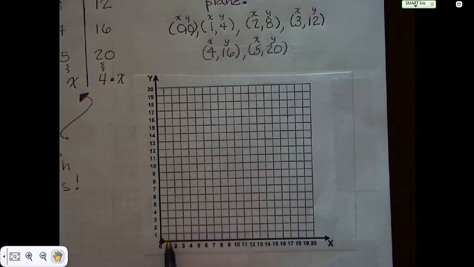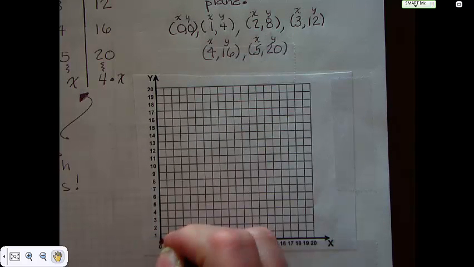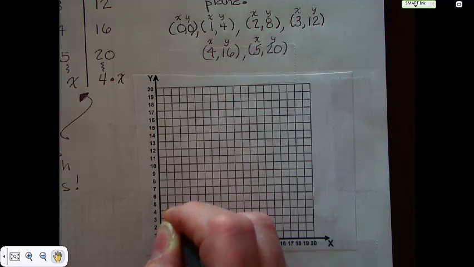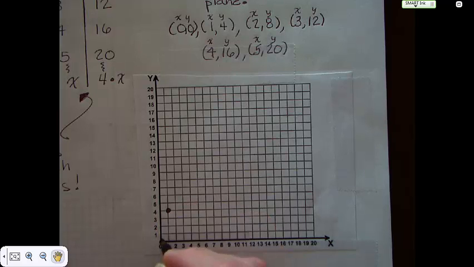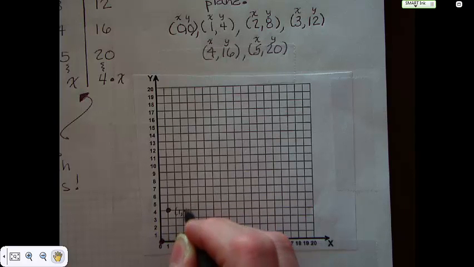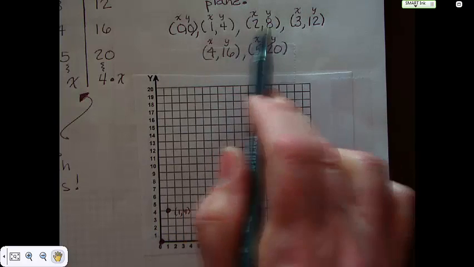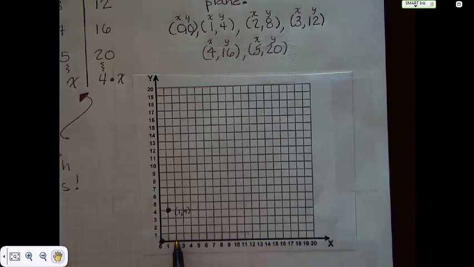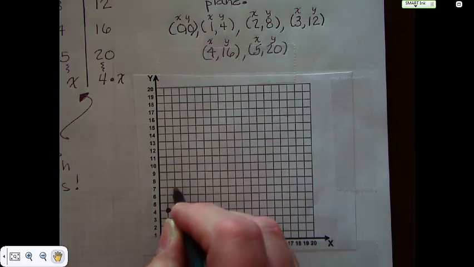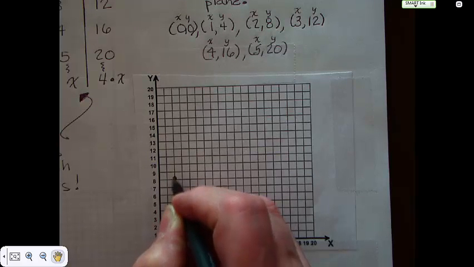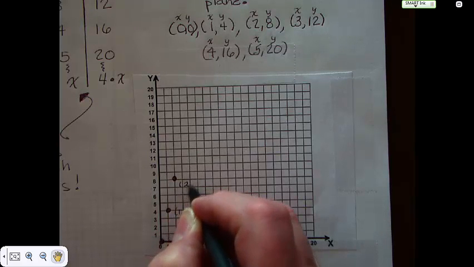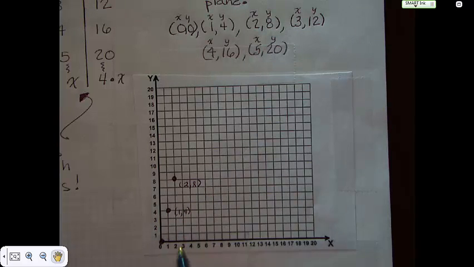So you go to the right 1, because that's the x, and you go up 4. 1, 2, 3, 4. So this is 0, 0. This one is 1, 4. And then you have 2, 8. So we go 1, 2, then 1, 2, 3, 4, 5, 6, 7, 8. This point is 2, 8. Then we have 3, 12.